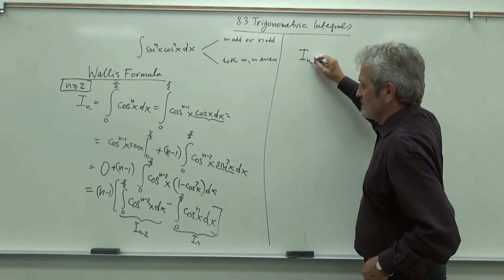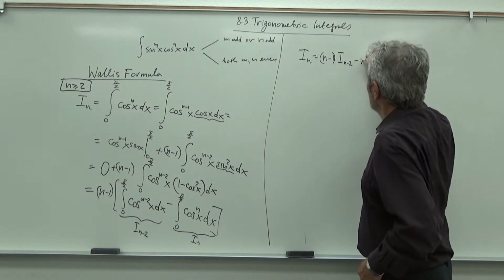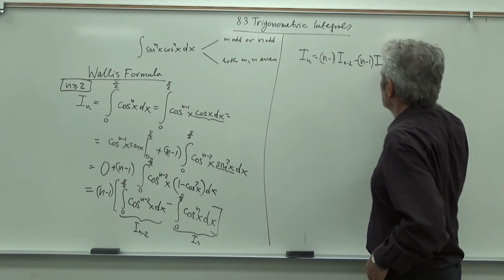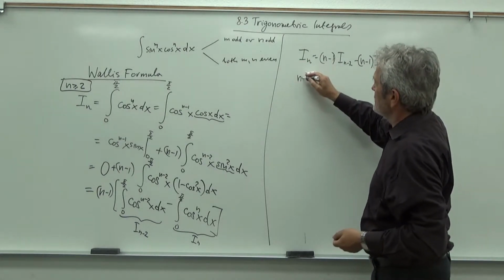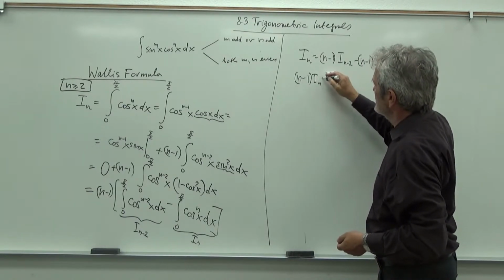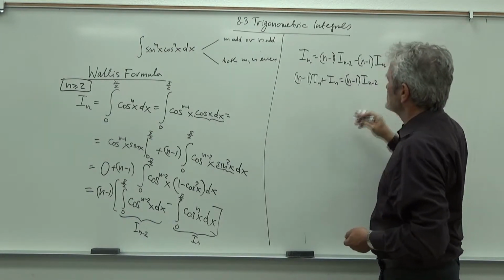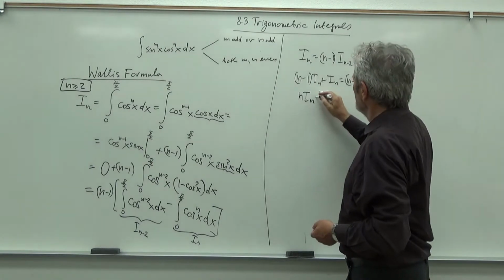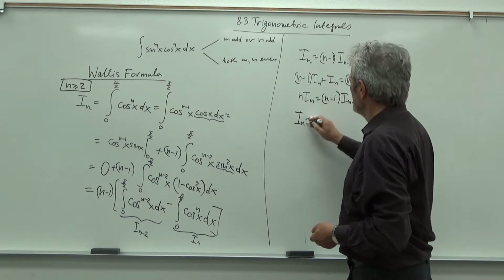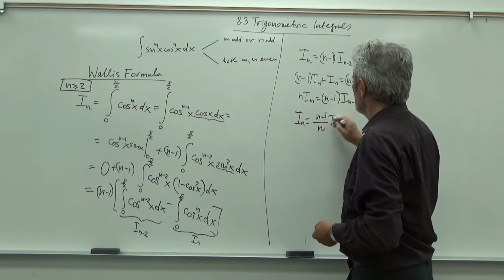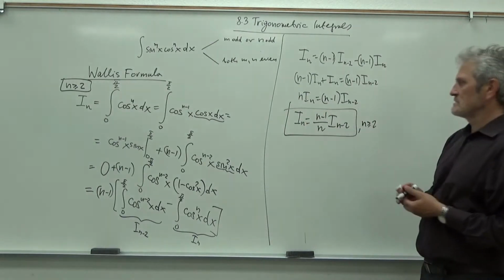We get In, I'll distribute now, equals n minus 1 times In minus 2 minus n minus 1 times In. And then we add n minus 1 times In to both sides, so we get n minus 1 times In plus In is n minus 1 times In minus 2. So we get n times In is n minus 1 times In minus 2. So we get In is n minus 1 over n times In minus 2, as long as n is greater than or equal to 2.